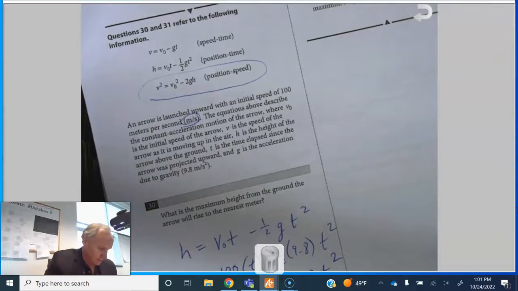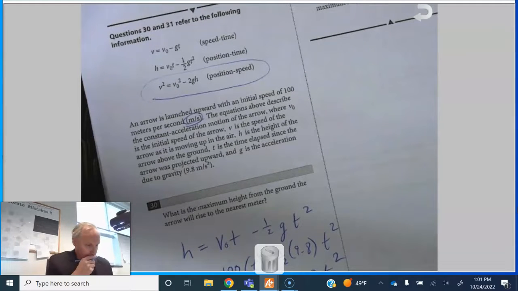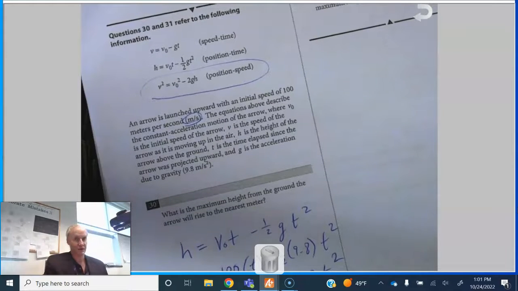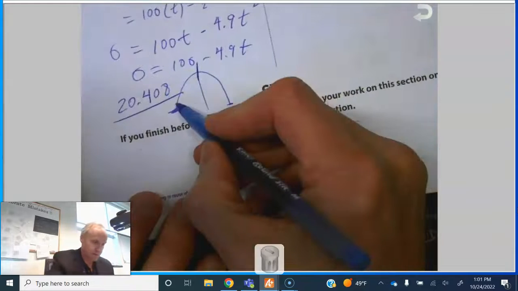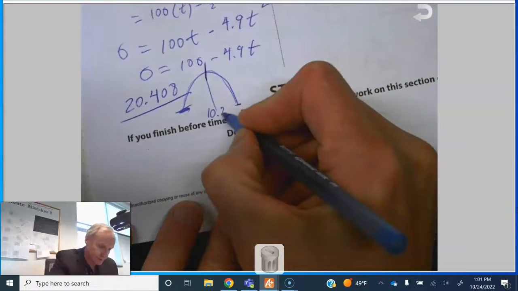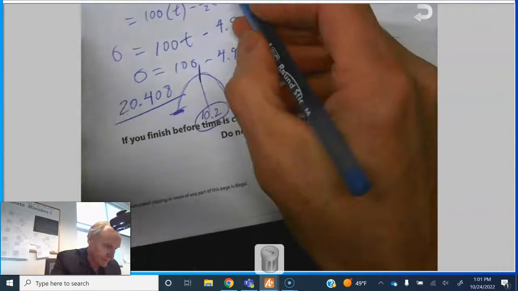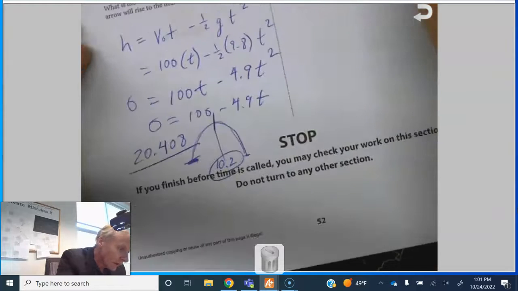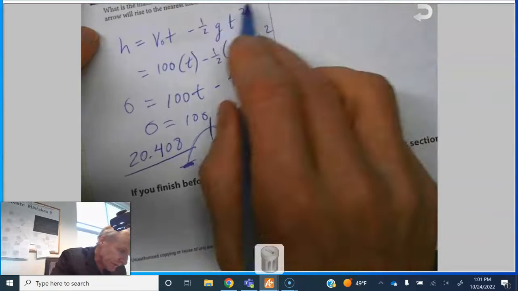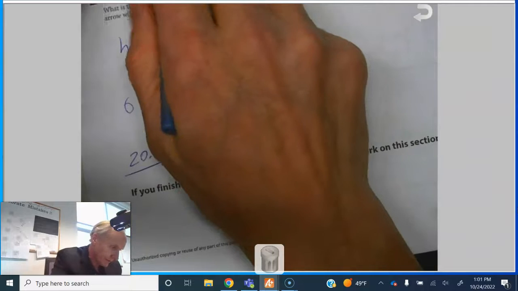So 20.408 seconds is the time it takes to go through this entire thing. We want halfway, which is 10.2 seconds, so we're going to divide this by 2 and substitute that into our position. Maximum height, this is the position over time.